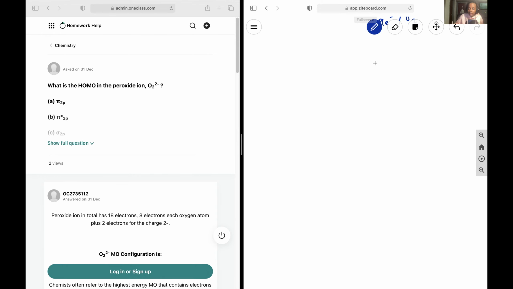Okay, and so if we begin to draw our diagram here, we'll have energy. Going to have O2- and O2-. And that's going to be our 1s, our 2s, and lastly our 2p.